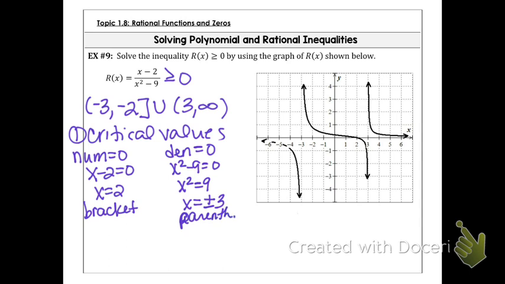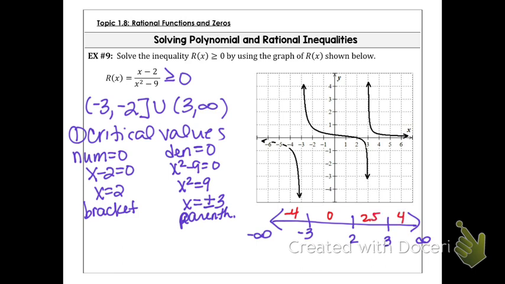Then we can set up our number line like what we did in part A. On this number line, it's going to have all three of these numbers: negative 3, 2, and positive 3. We're going to have our infinities. Then we're going to pick numbers in each interval: negative 4, 0, 2.5, and 4.